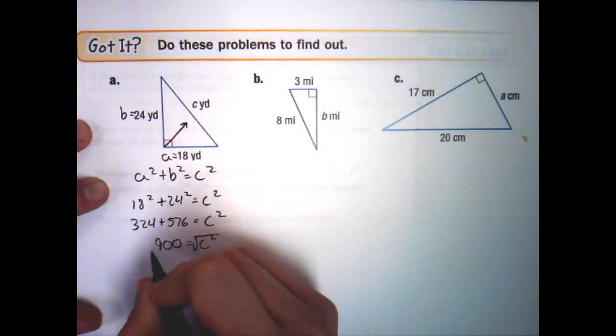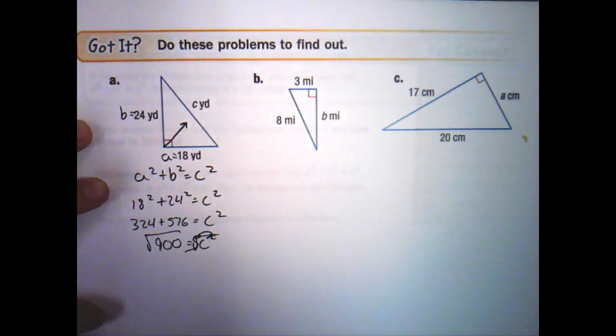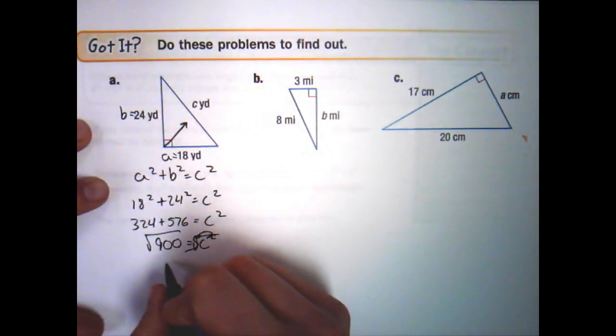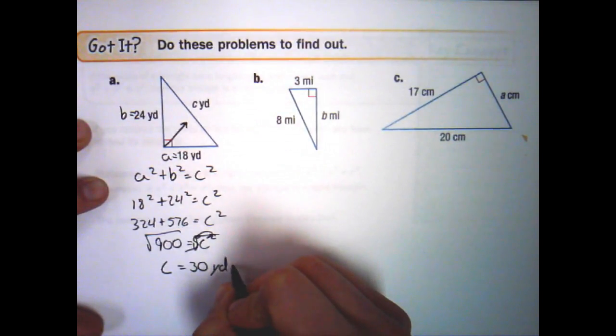The square root of 900, let me just double check here so I don't make any mistakes. Yes, it is 30. So my answer is 30 yards.